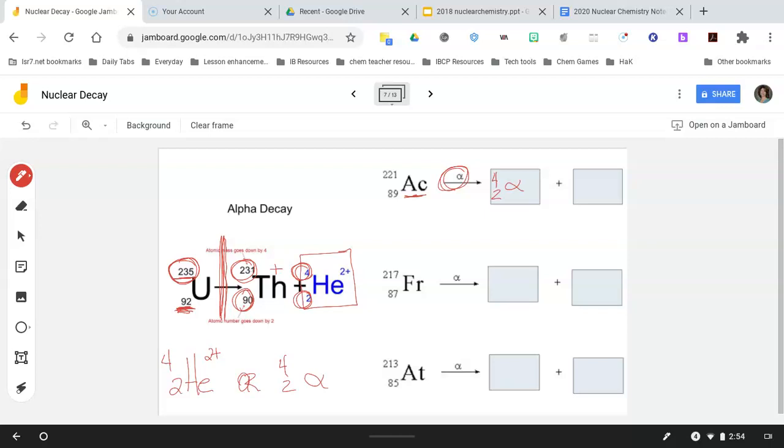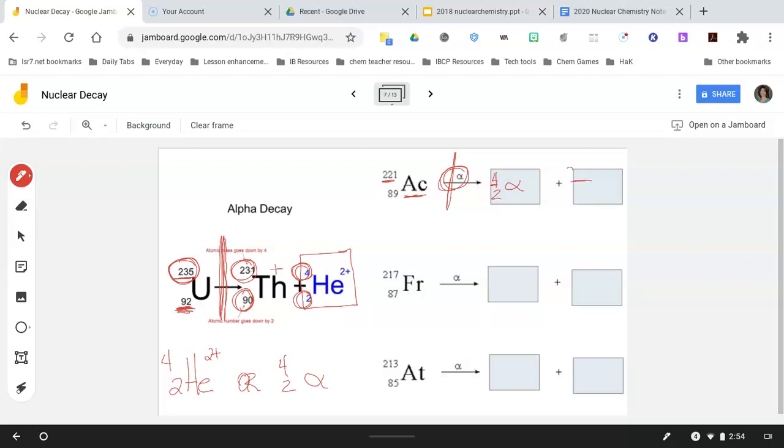Now I need to figure out what goes in the last box. Remember that my left-hand side started at 221, so when I'm finished, my right-hand side should have 221 also. So 221 is my target. I have 4 as my mass for the alpha particle. So what do I add to 4 to make it 221?